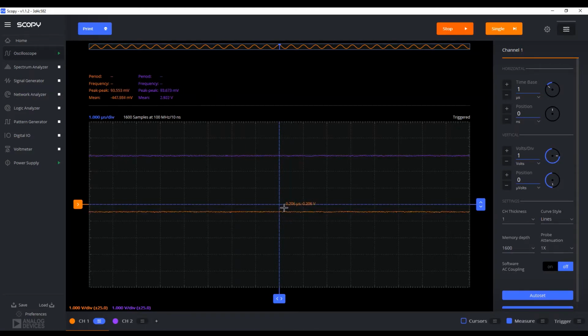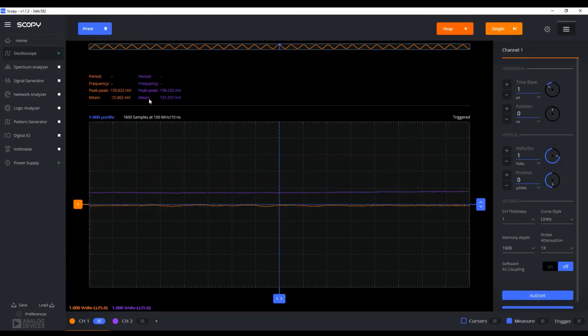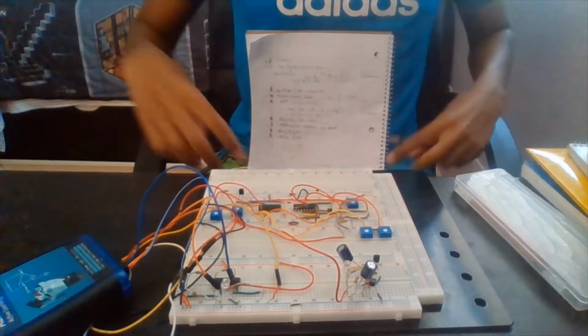More info on that in the report as well. But as you can see, this is indeed inverted. Alright, that was our Scopy for that.